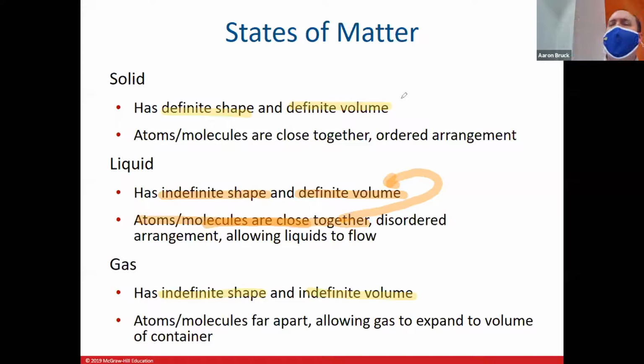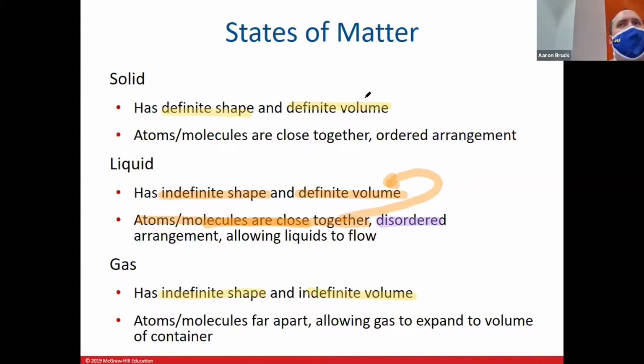So, like solids, liquids do have molecules that are very close to one another. What makes one different from the others is the order of their arrangement. In a liquid, that ordering is not present. We call those molecules disordered.